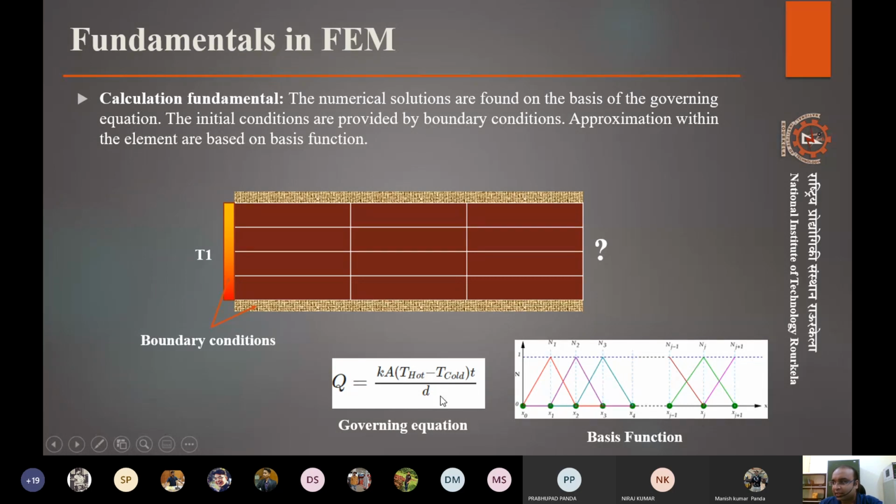In this case, it was the heat transfer equation. When it is calculated at every node, the values between nodes are interpolated based on certain basis functions, and that was the basis function for this kind of analysis. There can be different types of basis functions, right?